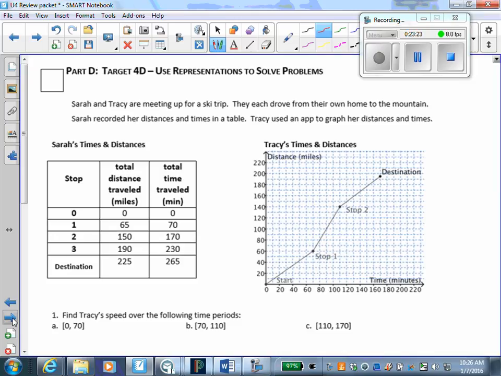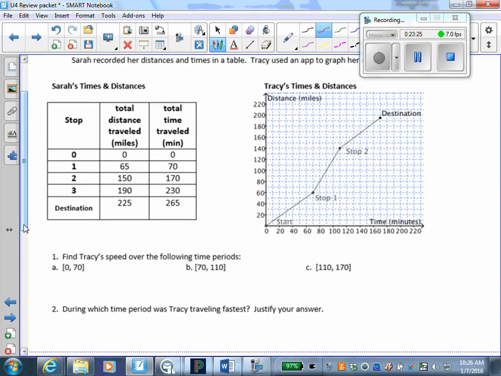So from 0 to 70. Tracy's the one with the graph. From 0 to 70, which is right here, she went up 60 and over 70. So her speed is also the same thing as the slope because it's distance over time. So 60 over 70.